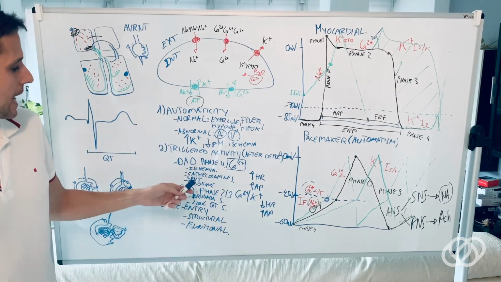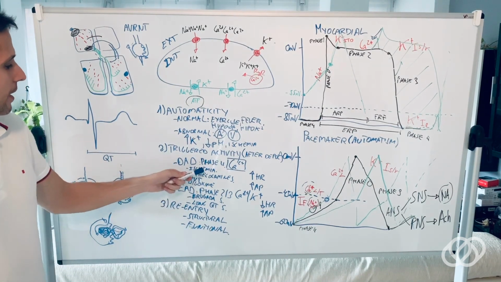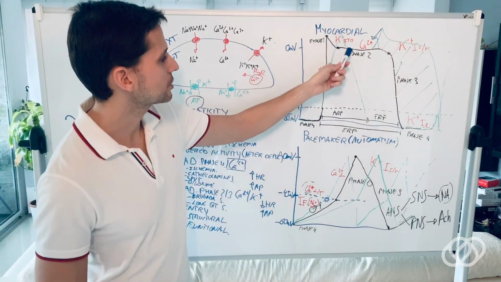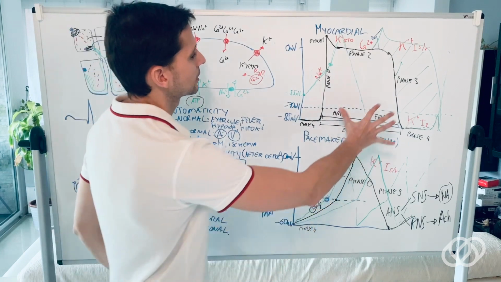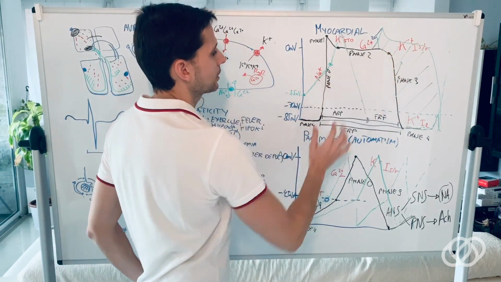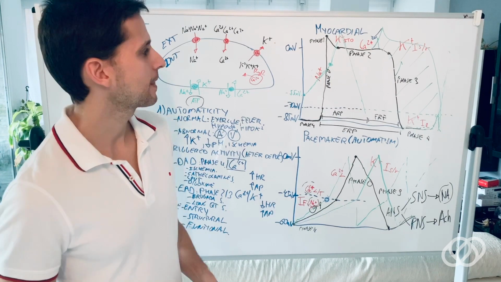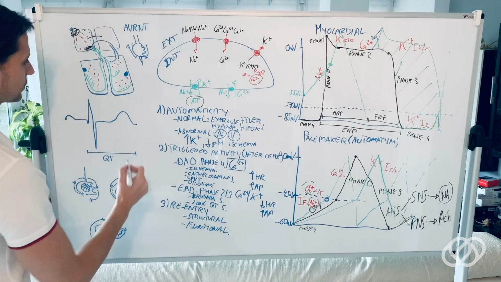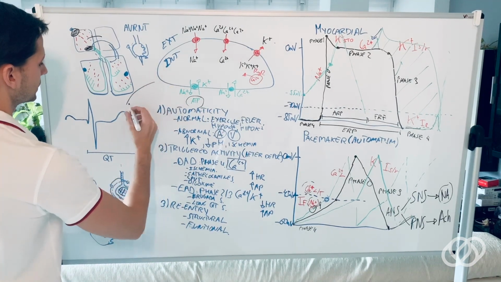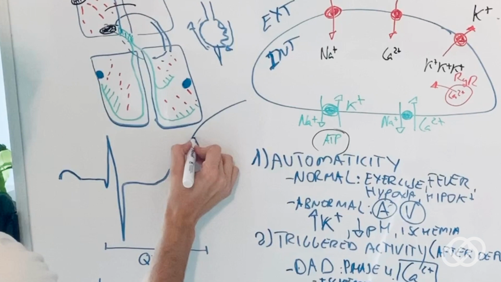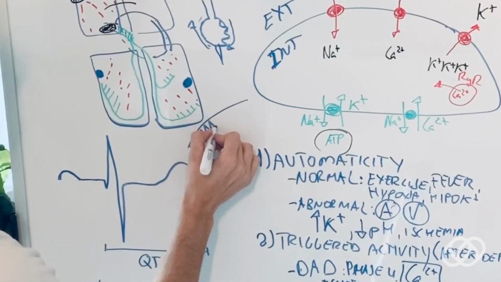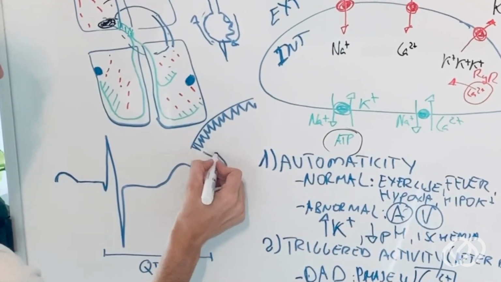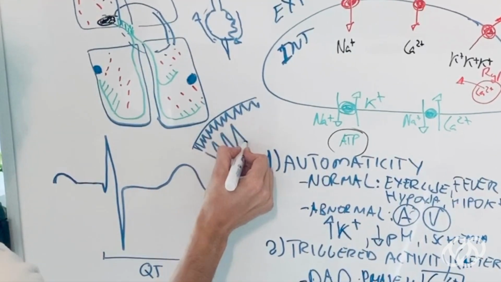So if we have any of those phenomena, either delayed afterdepolarization or early afterdepolarization, that makes this dispersion of the repolarization happen in the heart, it will mean that some places in the heart, for example, are depolarizing with some refractory period, and others may depolarize with another refractory period.